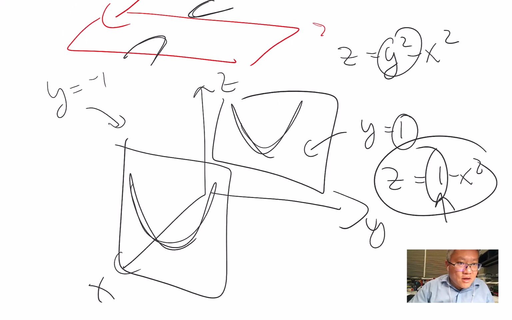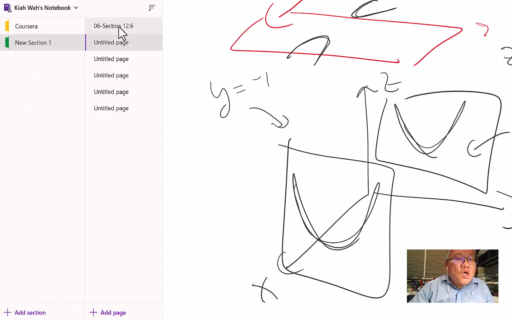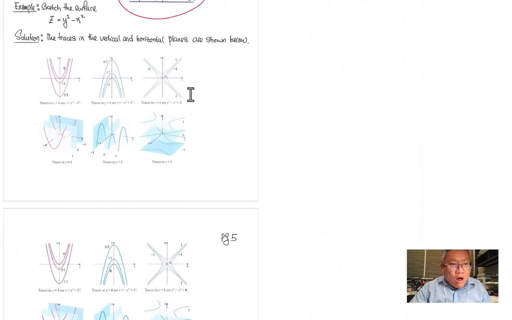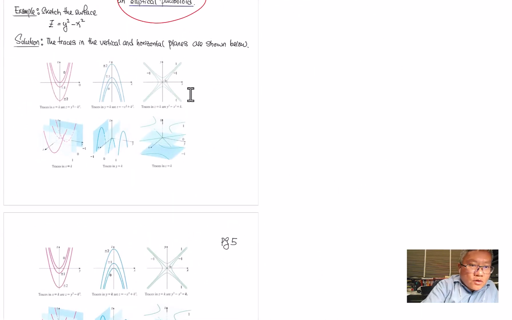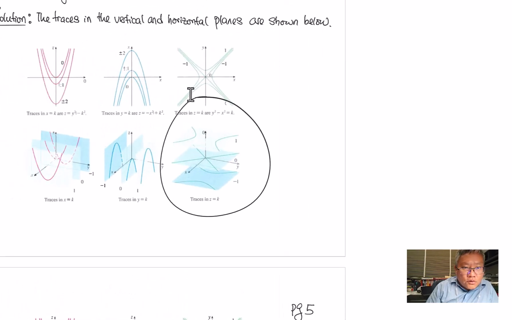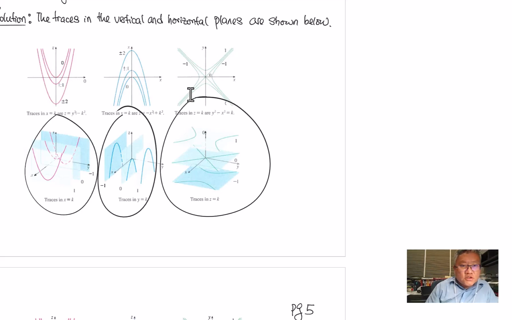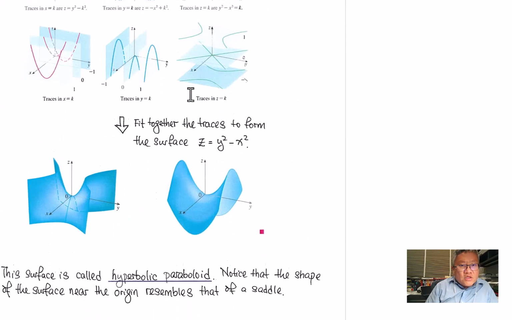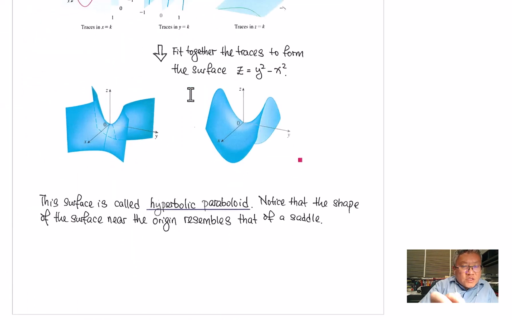Okay, so let's put it together, and let me show you what this thing is. If you look at the notes, you can see all the stuff that we talked about. This is a good picture to look at. This is a horizontal cross section, a vertical cross section in this direction, a vertical cross section in this direction. The object that gives you all this is what we call a saddle.